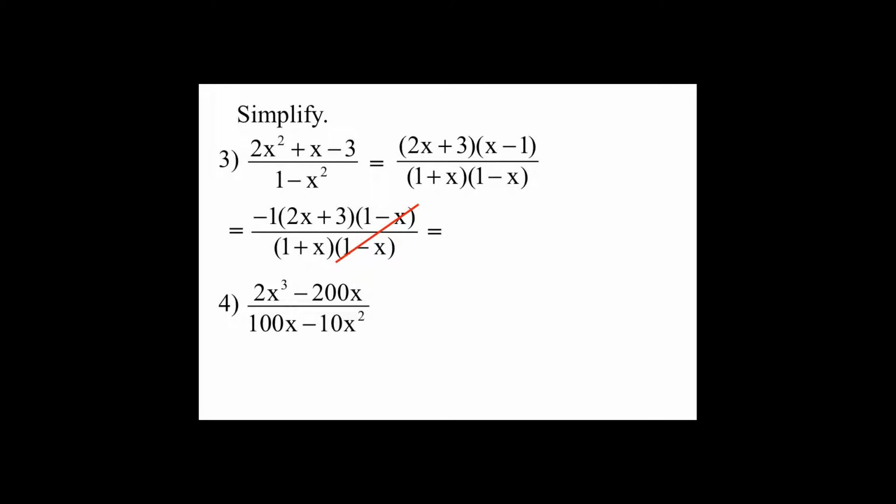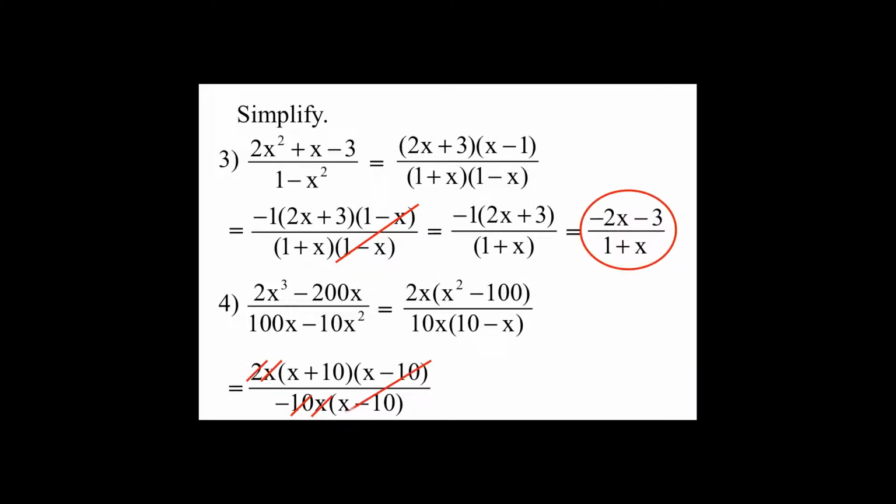Now check your work. Okay, number 3 was negative 2x minus 3 over 1 plus x. And number 4 is either x plus 10 over negative 5 or negative x minus 10 over 5.